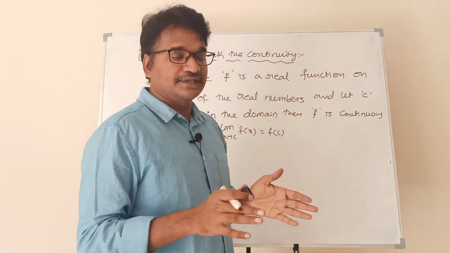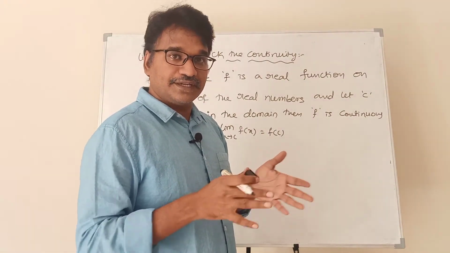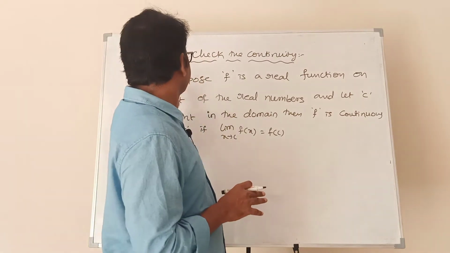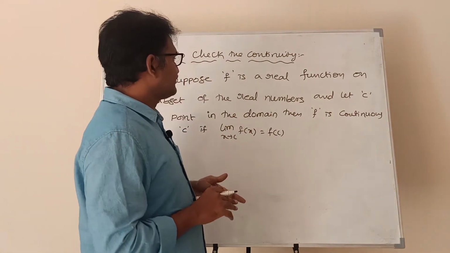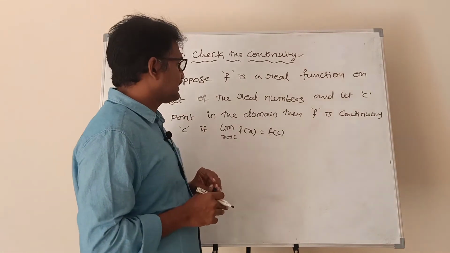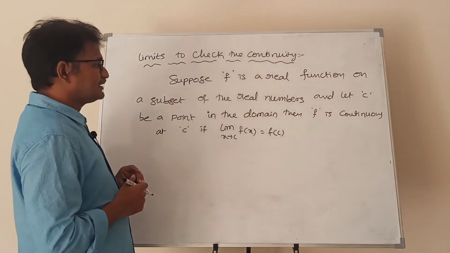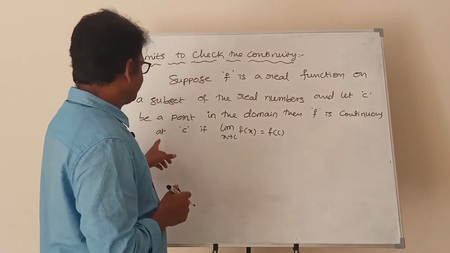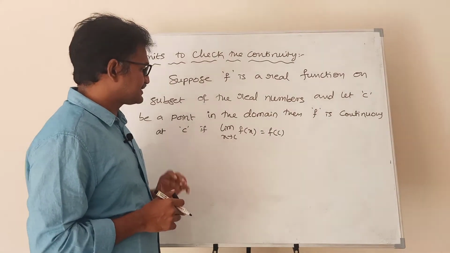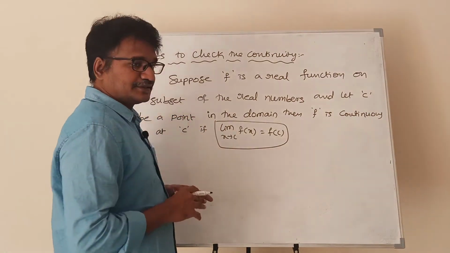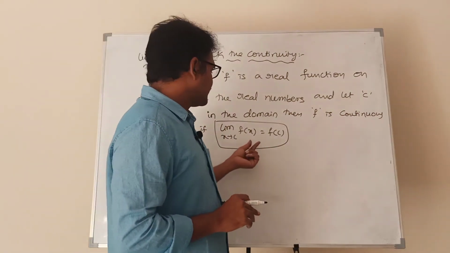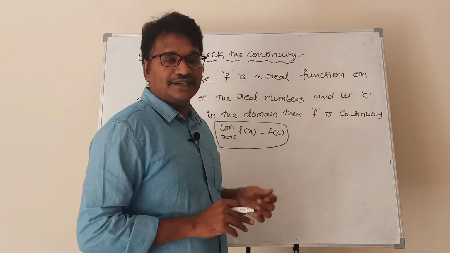Suppose f is a real function on a subset of the real numbers and let c be a point in the domain. Then f is continuous at c if limit x tends to c, f of x equals f of c. This is one method of checking the continuity.